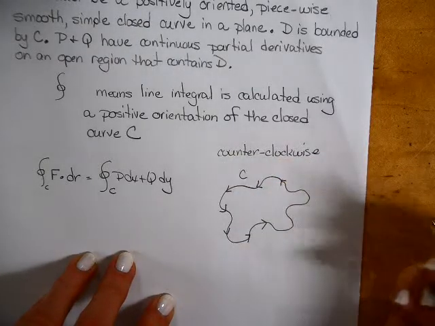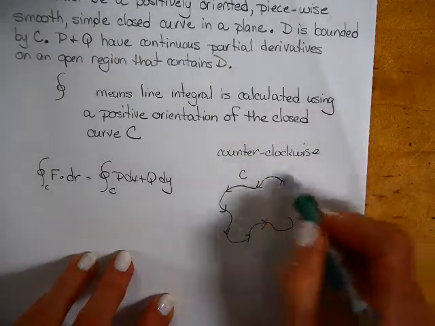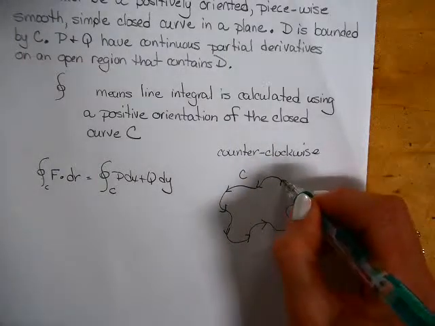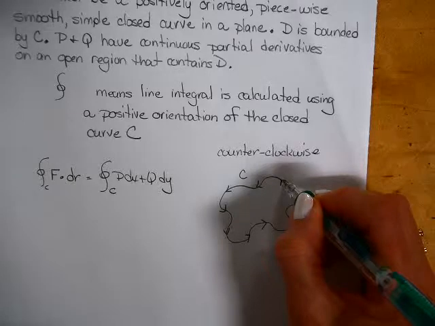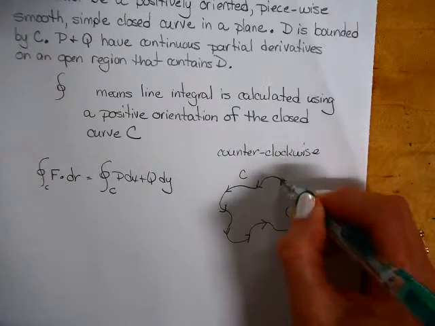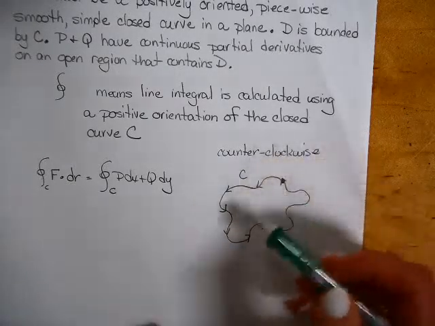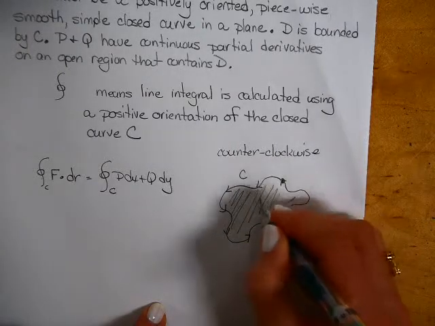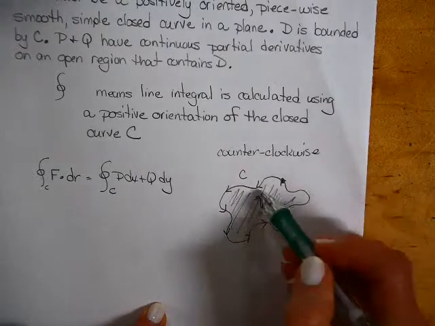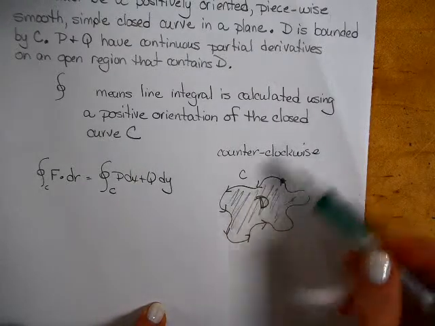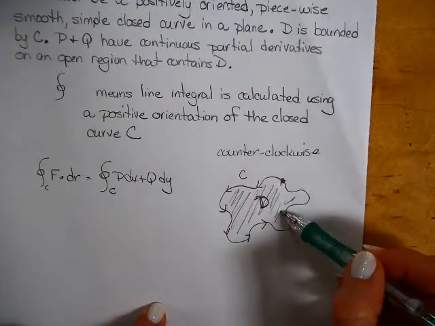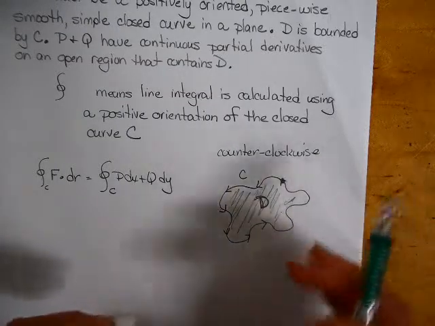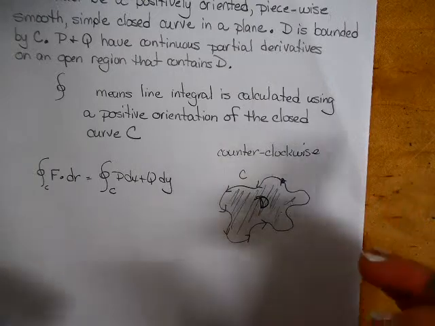So this would be C. This is a simple curve. It's closed. Closed means that the beginning point and ending point are the same place. And the region that it encloses is D. So you're going to change this integral over the curve C to a double integral over D, which is inside C.